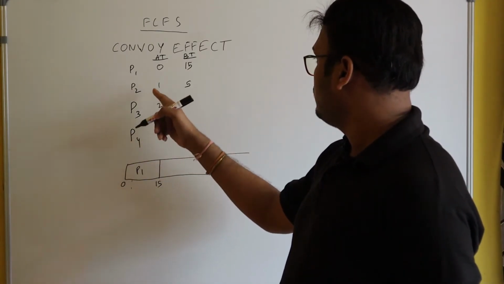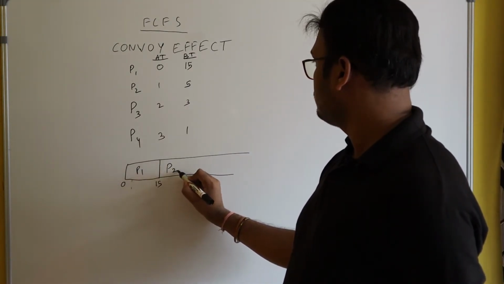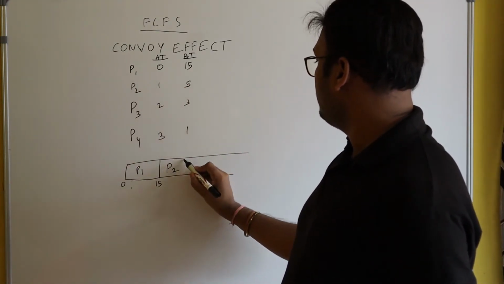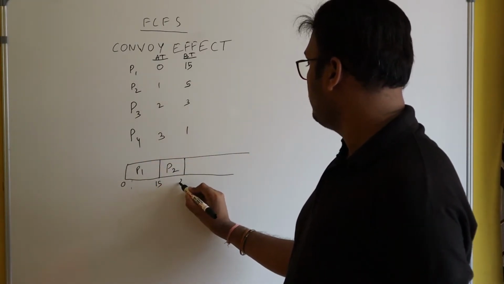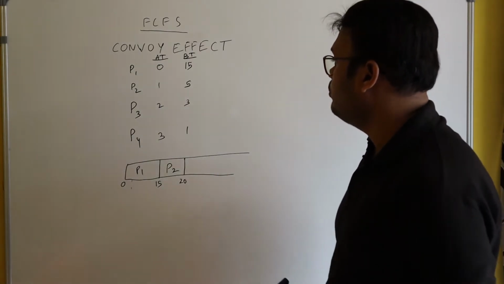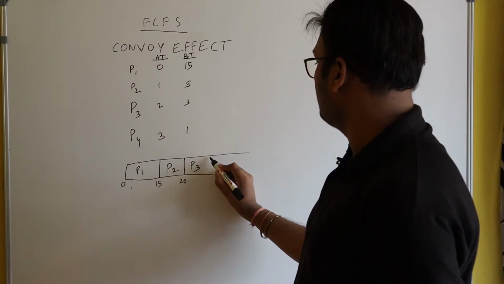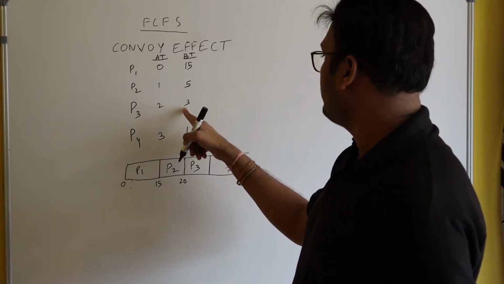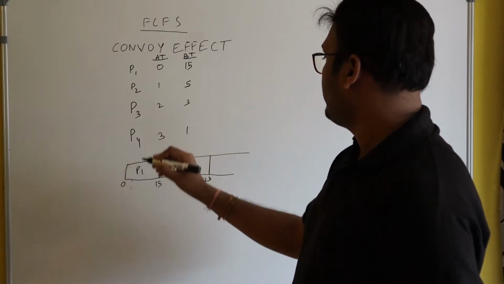So now after P1, P2 came. P2 then ran for 5 seconds, so 15 plus 5, 20. After P2, P3 came. P3 then ran for 3 seconds, 20 plus 3, 23. And then P4 came.